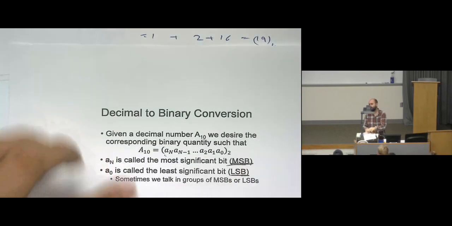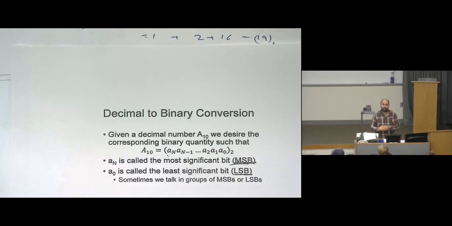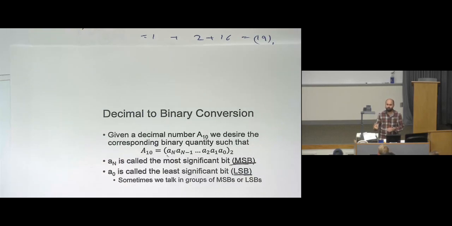Least significant means this one has the lowest weight, 2 power 0, which is equal to 1. This is the lowest weight. While the most significant bit, for example 2 power 4, is the highest weight, because it's the largest bit that we know.